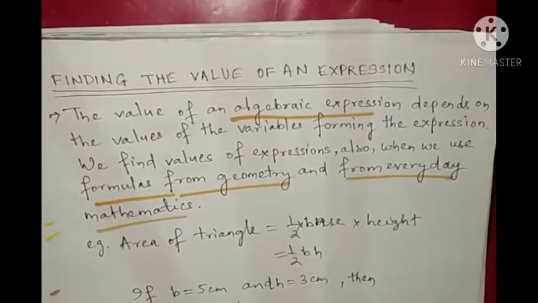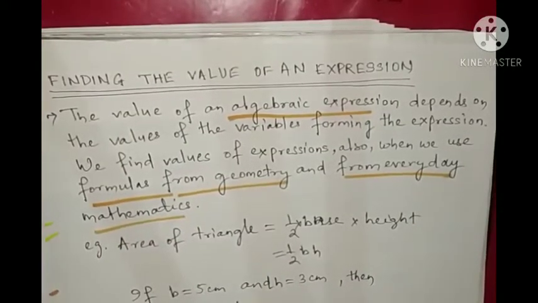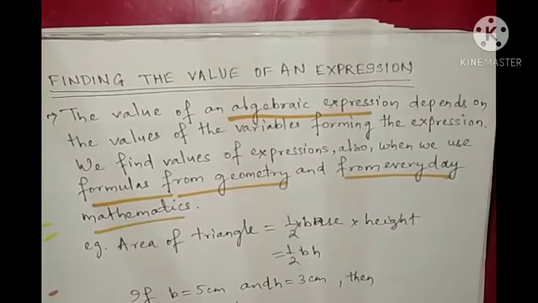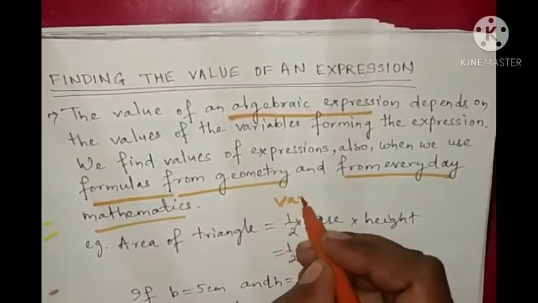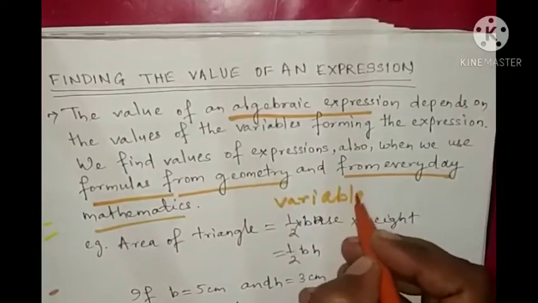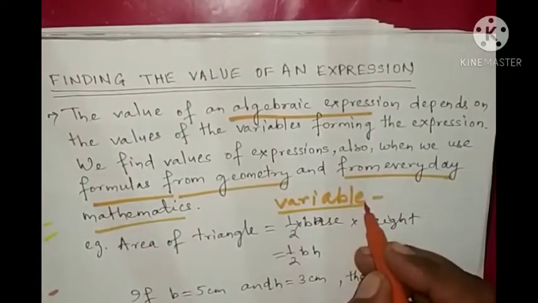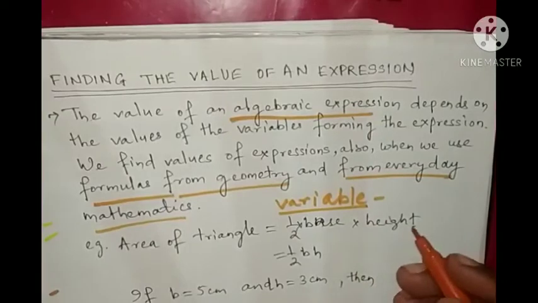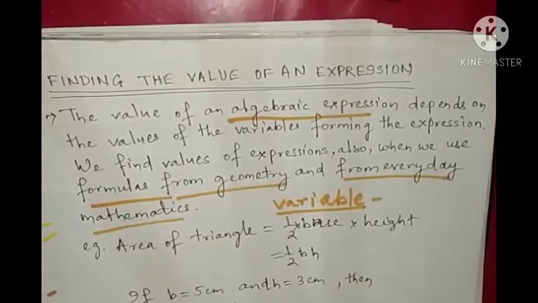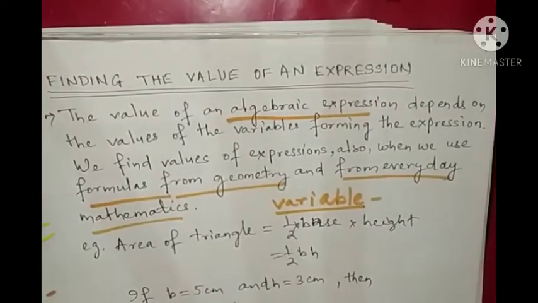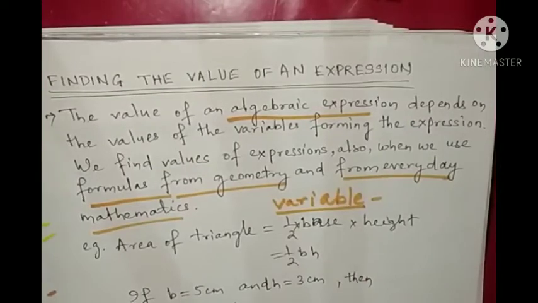So let's see. In an algebraic expression we have seen that there is a variable which is always changing. The value is not constant. But we have another one, that is a constant. The value of a constant is always fixed.